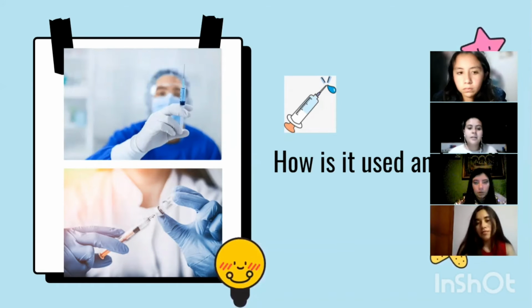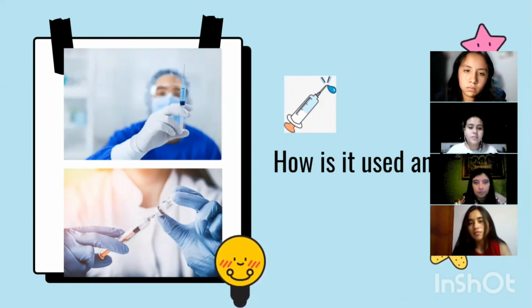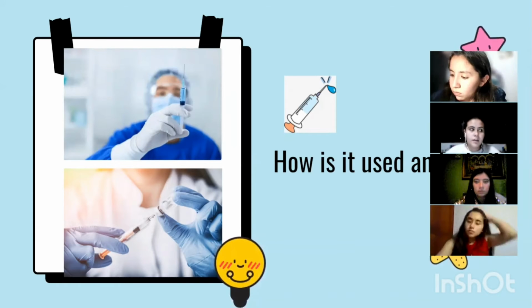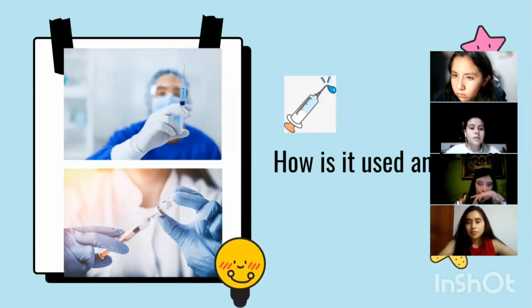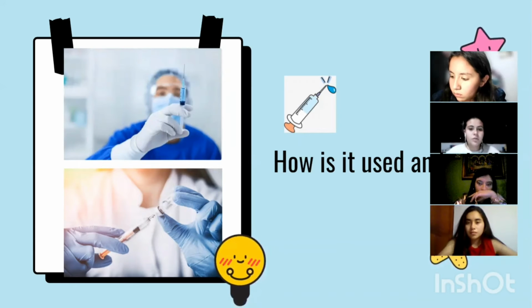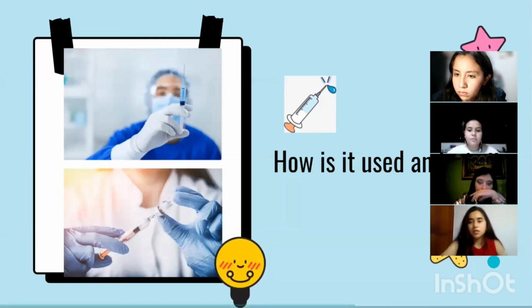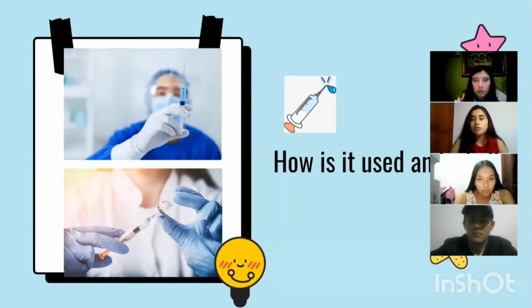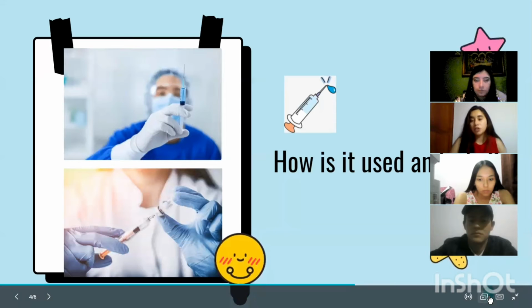The type of anesthesia you receive depends on the procedure and your general health. It is important to mention that anesthesia uses drugs or other methods to produce loss of consciousness and block the sensations of pain, increasing the comfort and safety of the patient during medical procedures.